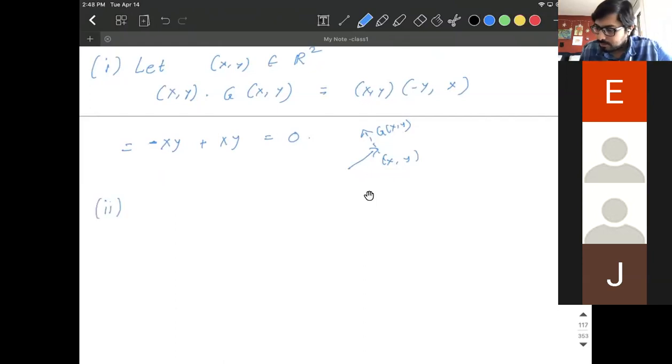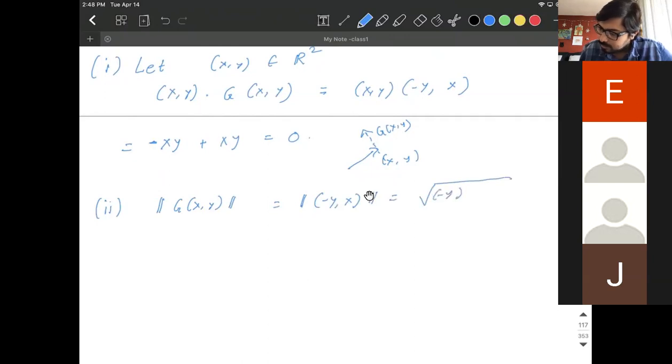Number two is the following: if you take the norm of G(x, y), so what is the norm? The norm is given by the norm of this vector. And from the definition, this is the square root of y squared plus x squared, which is exactly the same as the norm of the vector (x, y).